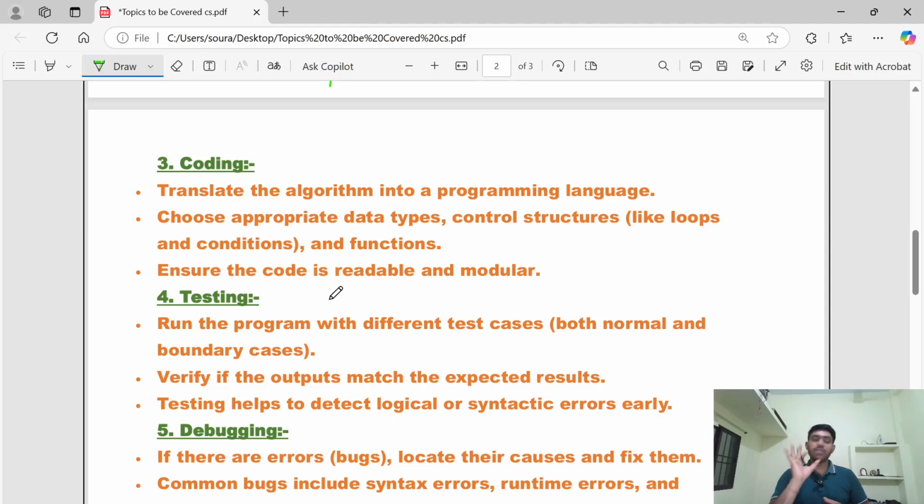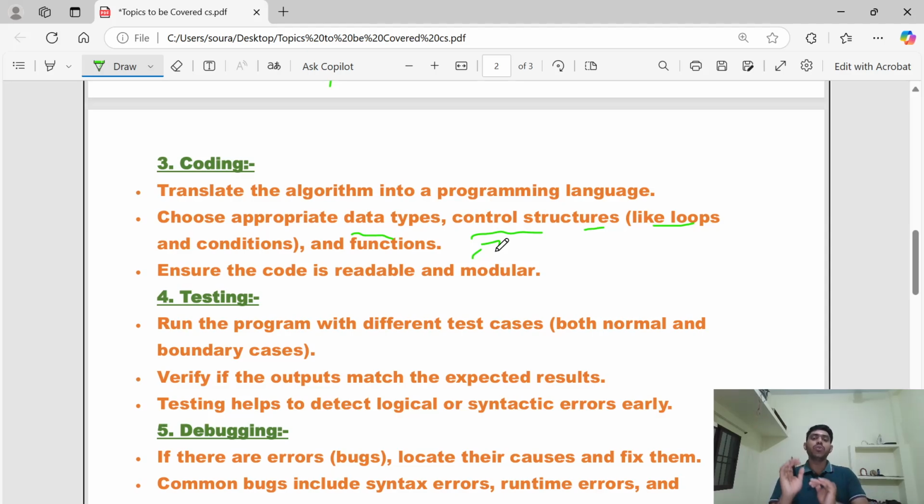Now a very specific point: choose appropriate data types, control structures, conditions and functions. Whenever we come to the programming part, these are the small elements we go through, so that whatever instructions we have written in the algorithm part are carried out effectively.